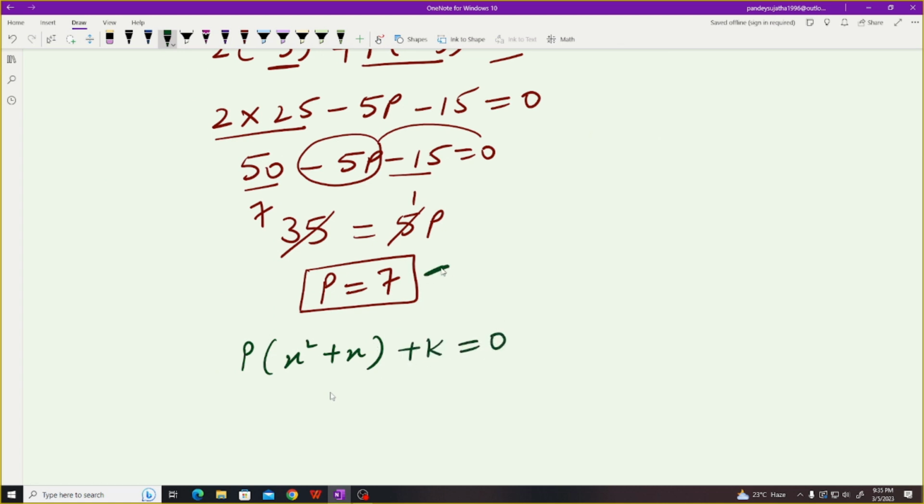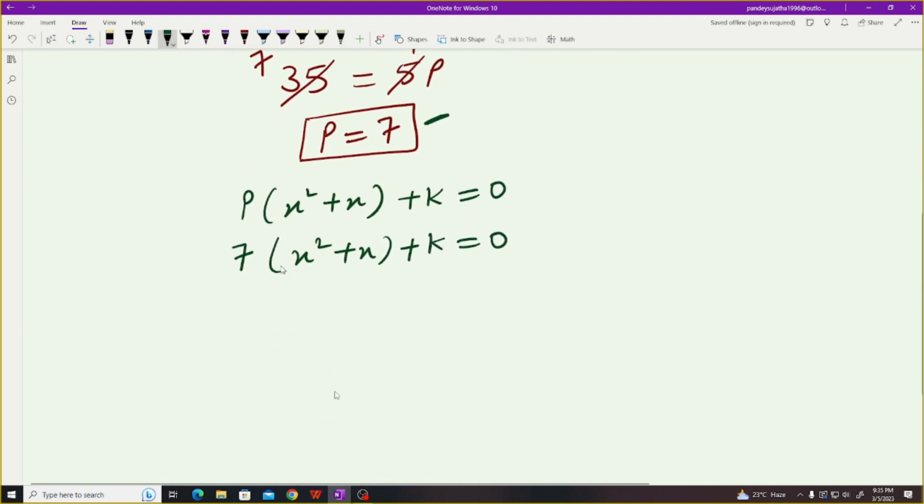And we got the value of p as 7. So write 7 into x square plus x plus k is equal to 0. Open the bracket. So 7 into x square is 7x square. 7 into x is 7x, plus k equal to 0.